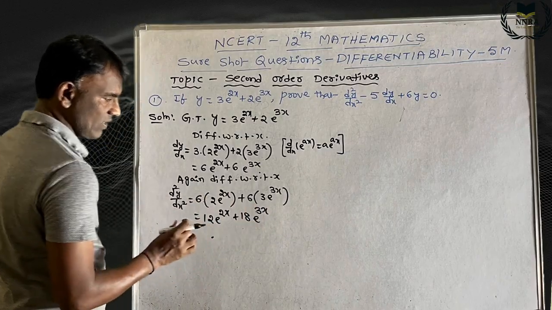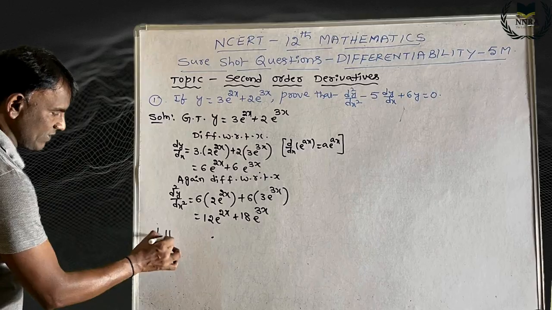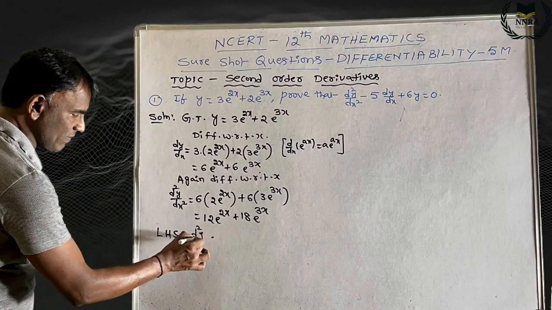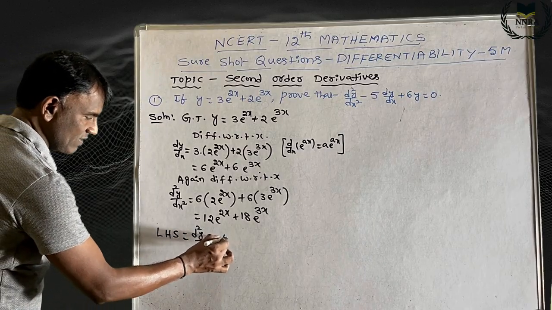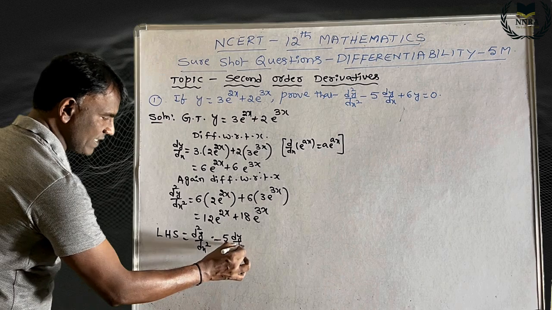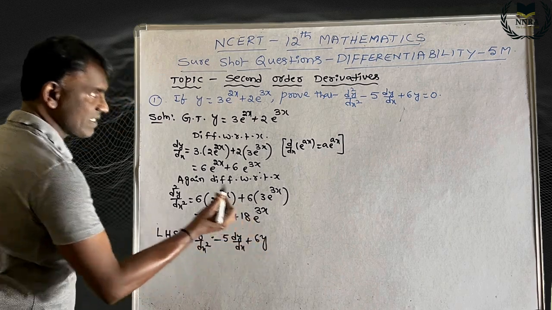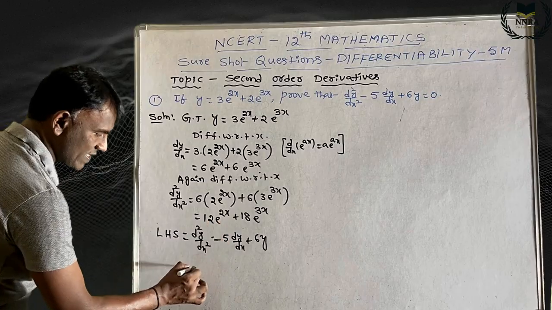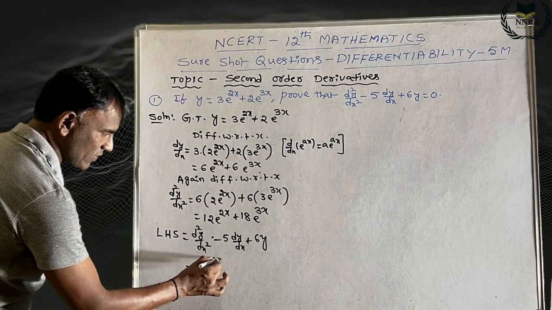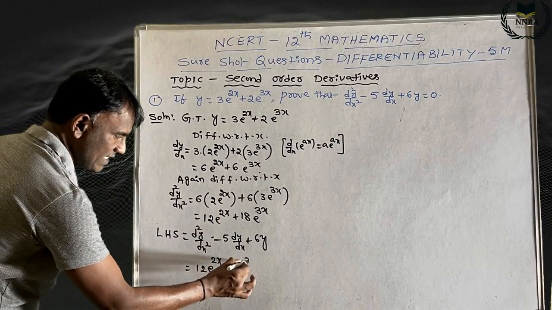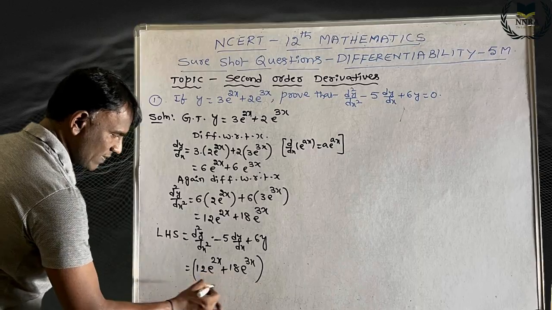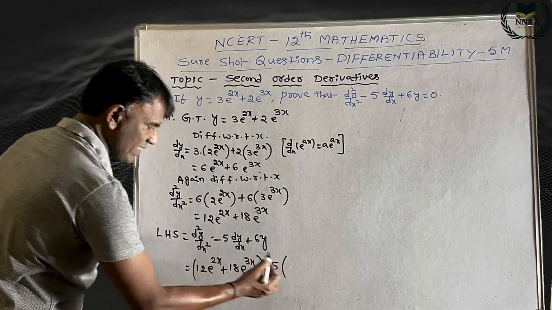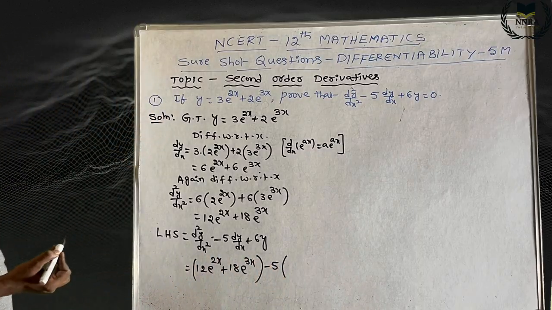Right? Now what about LHS value? D square y by dx square minus 5 into dy by dx plus 6y. So that equal to d square y by dx square means this is the value 12 e power 2x, plus 18 e power 3x. Then minus 5 into dy by dx.